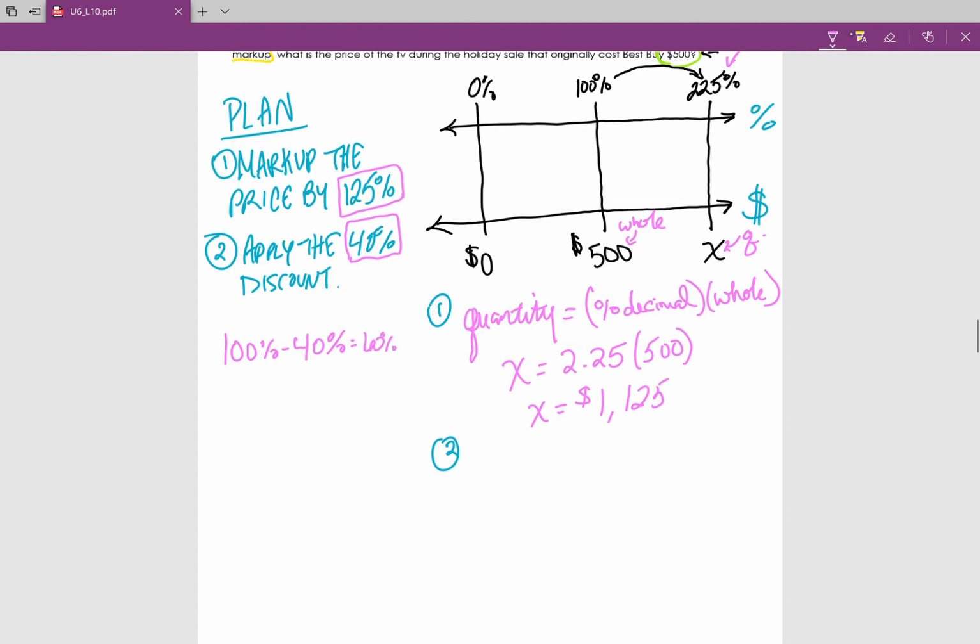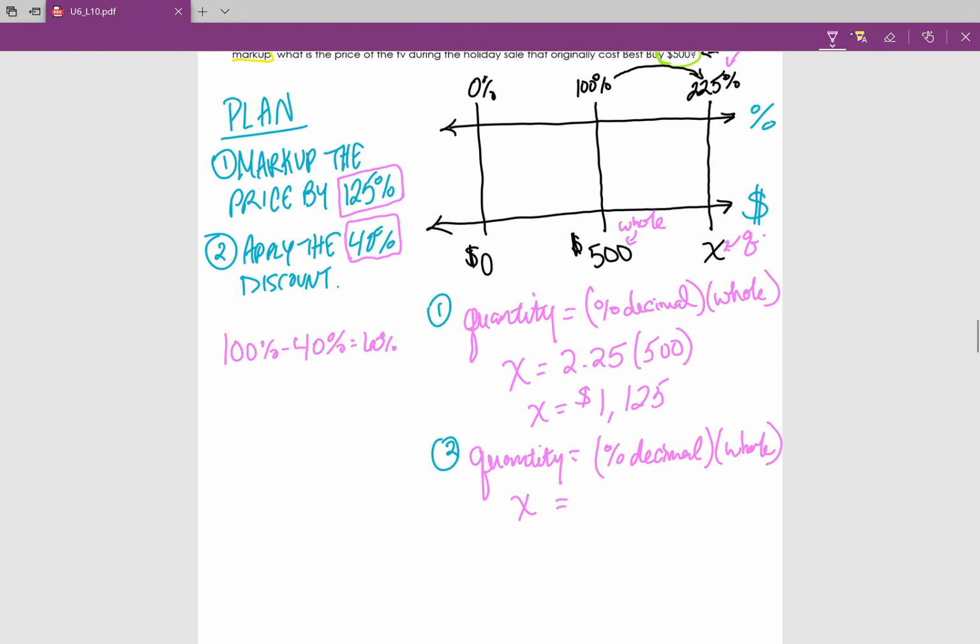So I'm going to take that and use that as my percentage in this, to write down my formula. And this time we're solving for our new quantity. This is going to be our markdown.